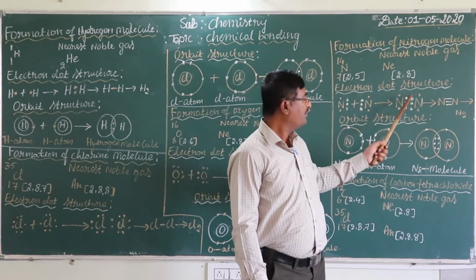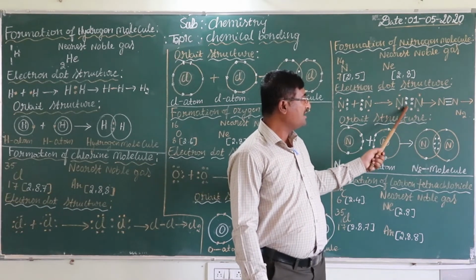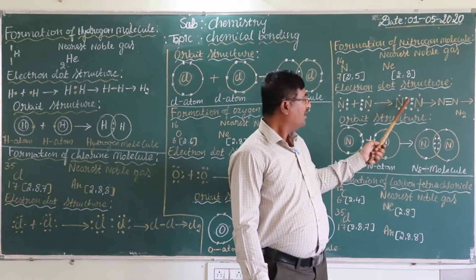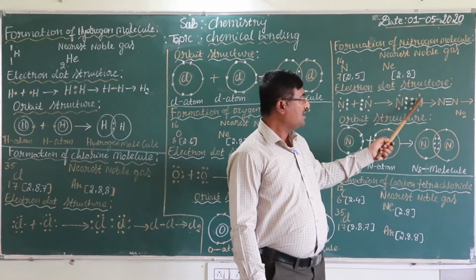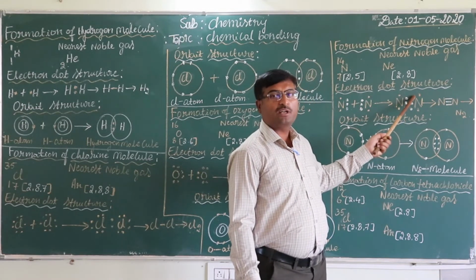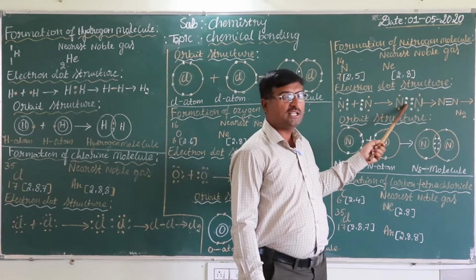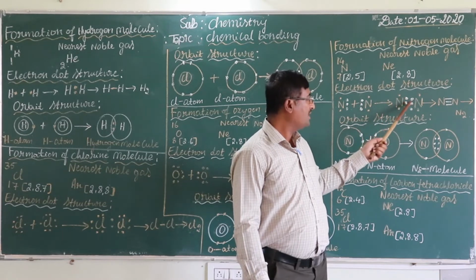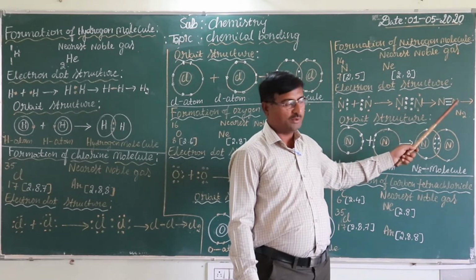This other nitrogen atom likewise thinks these 3 pairs of electrons belong to it, so totally it will get 8 electrons, and it thinks, I am in a stable configuration. But these 3 pairs of electrons do not belong to any one nitrogen atom; in between the 2 nitrogen atoms they are shared. Like this, the formation of the nitrogen molecule will take place.